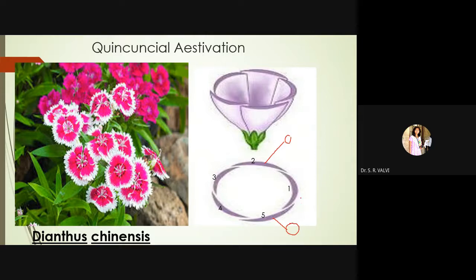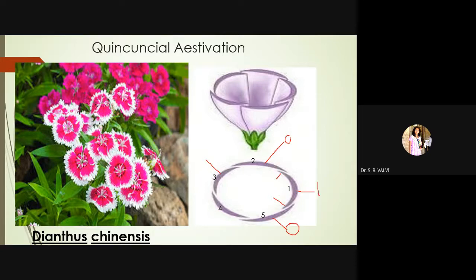When you look towards sepal number 1 and sepal number 3, just look at sepal number 1 and compare with 2 and 5. What you are going to observe is that both the ends are inside to whom? They are inside to sepal number 2 and 5, right?